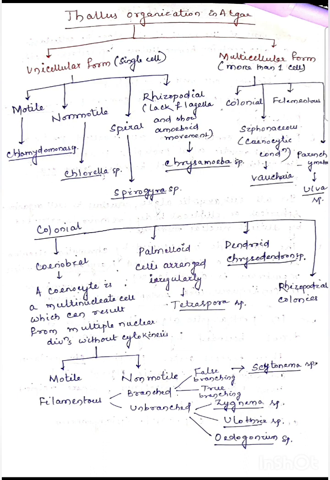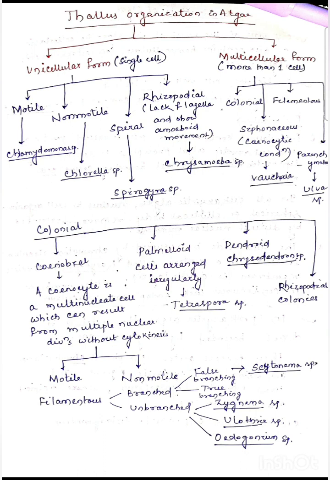Multinucleate cell may be motile or non-motile. Sometimes they form a palmella stage, where palmelloid cells are arranged irregularly, as seen in Tetraspora. They may be dendroid, as seen in Chrysodendron. They may be rhizopodial colonies. This coenobial or colonial form may be motile or non-motile.